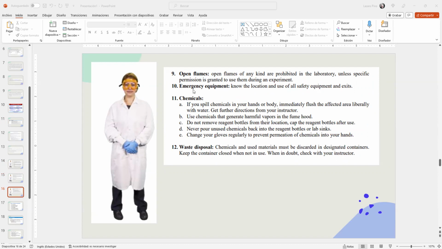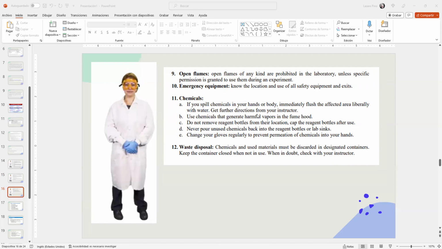Also, you need to use the emergency equipment. The chemicals, well, be careful. They are not supposed to spill on your hands or any part of your body. If something happens, then you need to wash your hands or the place where you have the chemical, and ask the teacher for instruction.